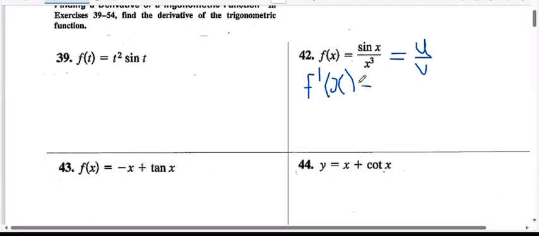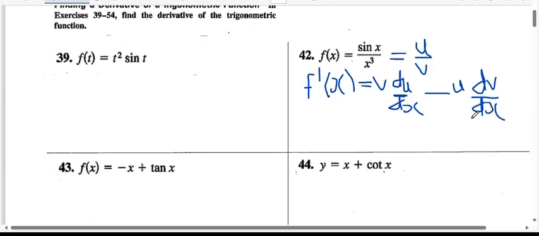I write whatever function I have in the denominator, that's v. Then I differentiate the numerator, that will be du dx, minus the u, what I have in the numerator, times dv dx, and all of this divided by v squared. So this is the quotient rule.